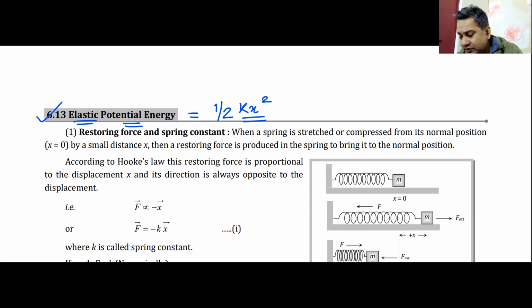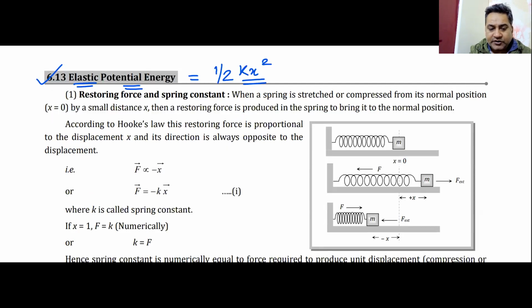So I would request you to note them down. See, what do we have here? There are simple things that we already know. If you can draw the diagram, you would be able to understand about the spring. Here, the spring is in natural length.